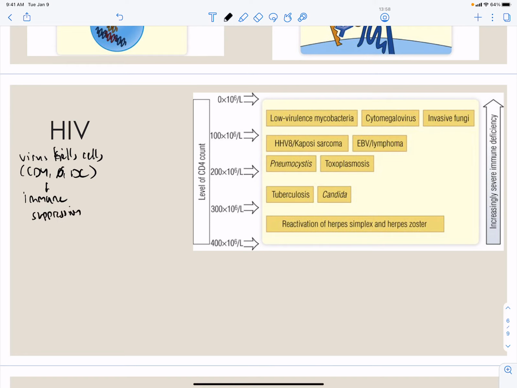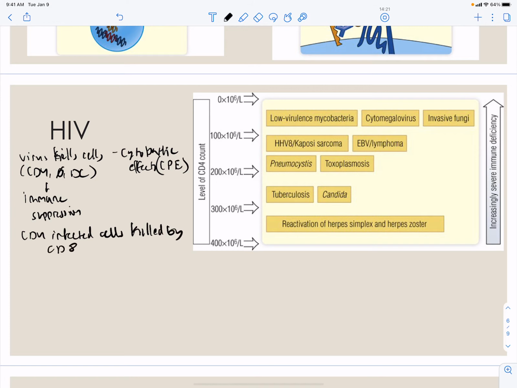And so this is cytopathic effects, which is CPE. Your CD4 cells are going to be killed by CD8s. And that's through MHC class 1.